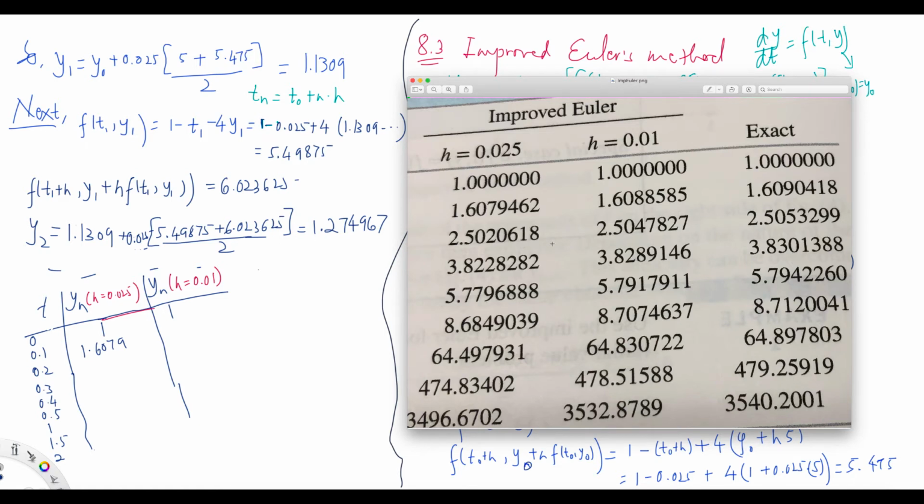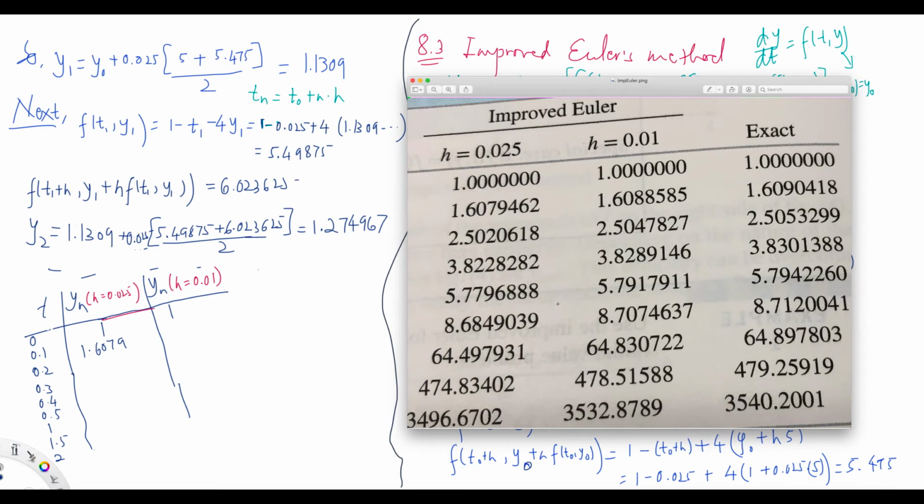Now, what I'm going to show you here is, look at the step size h is 0.025. Here the step size h is 0.01, which is smaller, right? It is smaller by a factor of 2.5, because this one divided by 2.5 will give you 0.01.